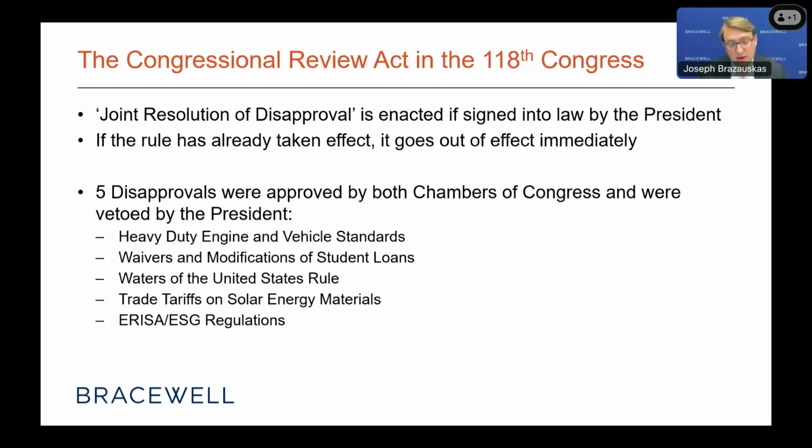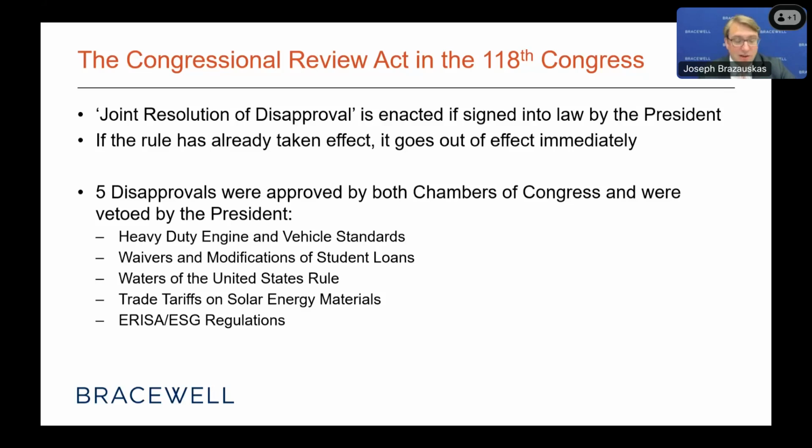As you can imagine, given the current makeup of Congress, where you have a Republican House and a Democratic majority in the Senate, but by slim margins, Senator Manchin of West Virginia, a Democrat, has particular sway, potentially pulling along a couple additional Democrats to create a majority vote on some of these disapprovals.